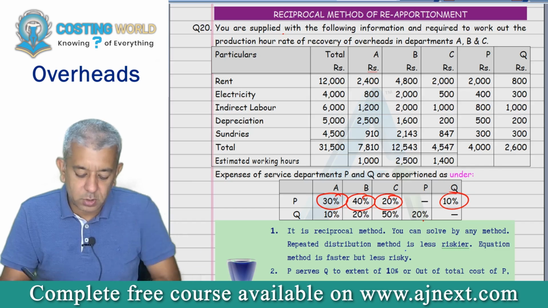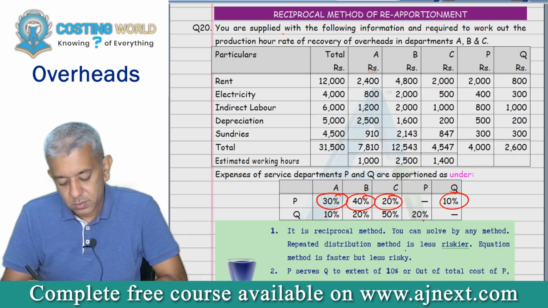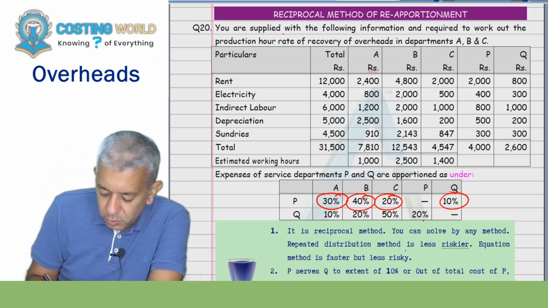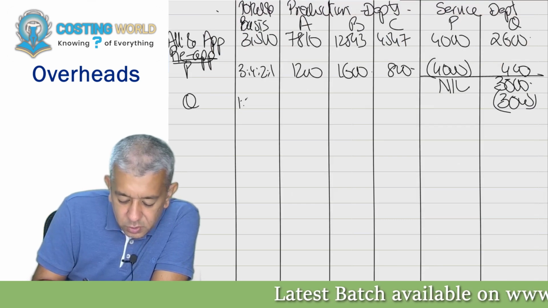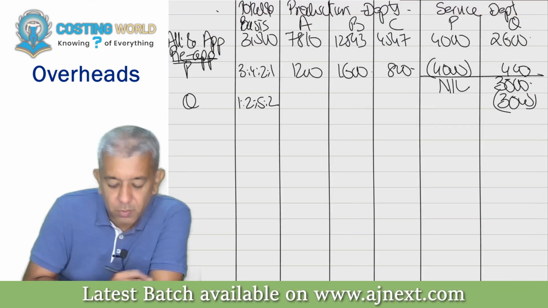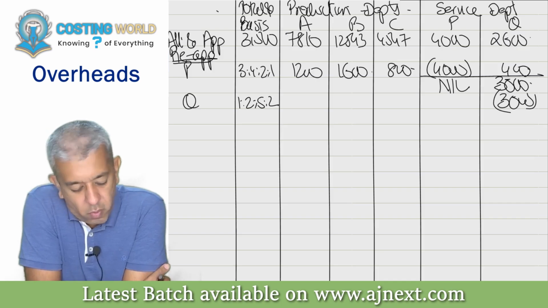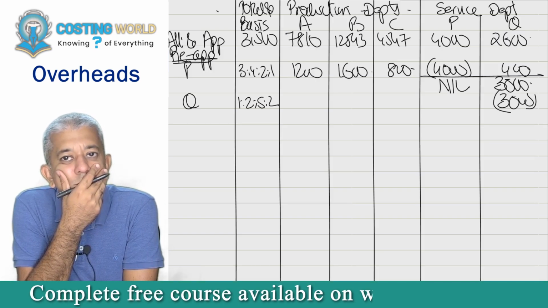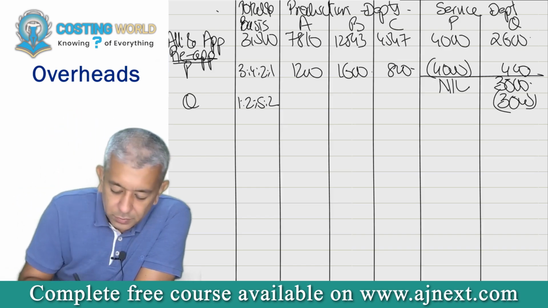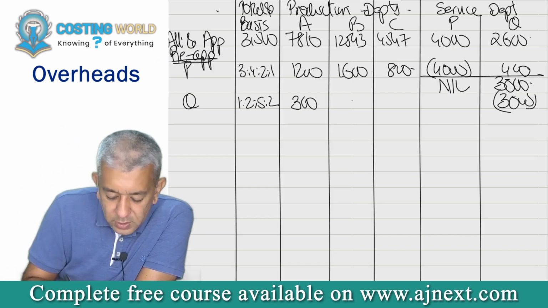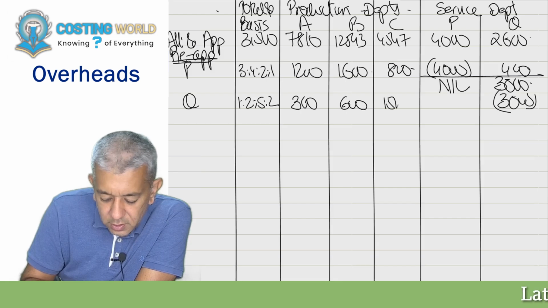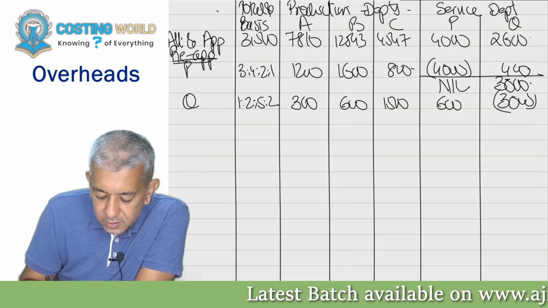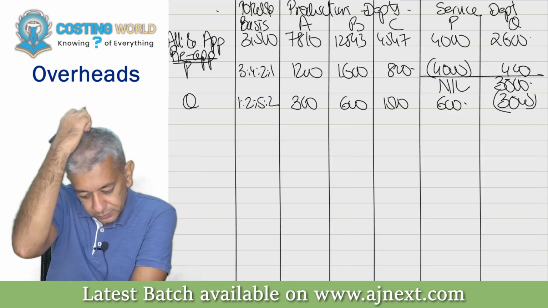In what ratio? 1:2:5:2. So this is 300, 600, 1500, 600.